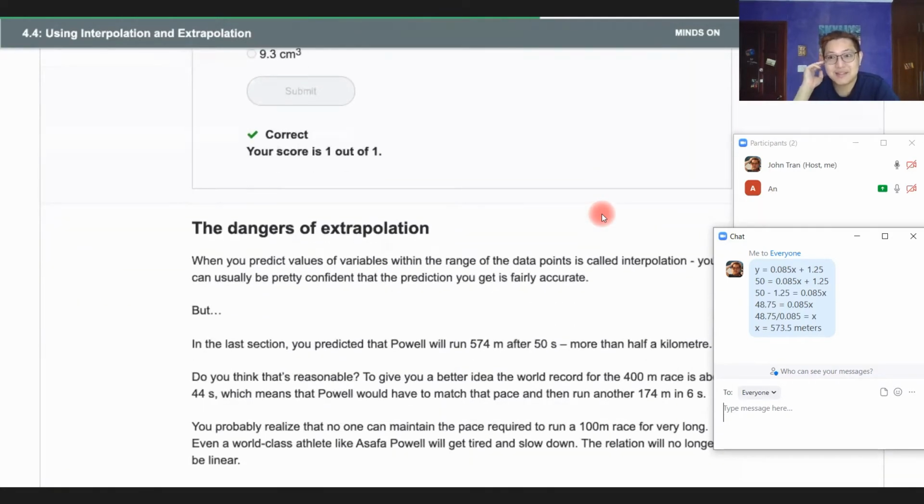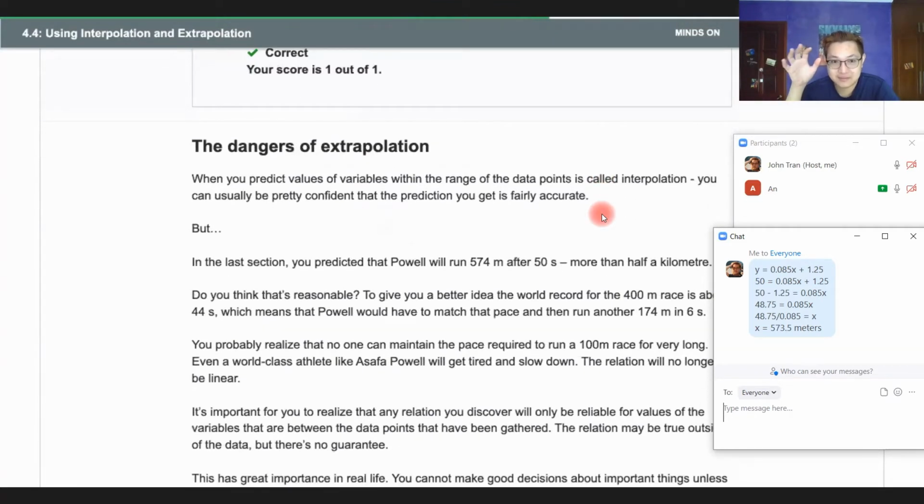Of course, there are dangers because this is just prediction. Okay, let's read it. When you predict the value of a variable within the range of the data points, it's called interpolation. You can usually be pretty confident that the prediction you get is very accurate.